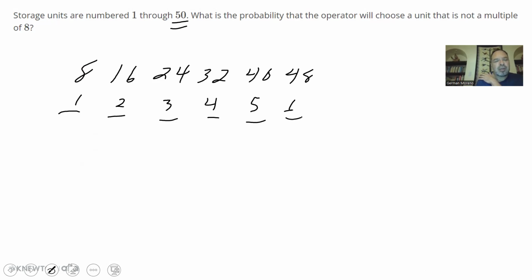So we've got the probability that you are a multiple of 8 and the probability that you're not a multiple of 8, and that's equal to 1. It's supposed to be a 1 there.